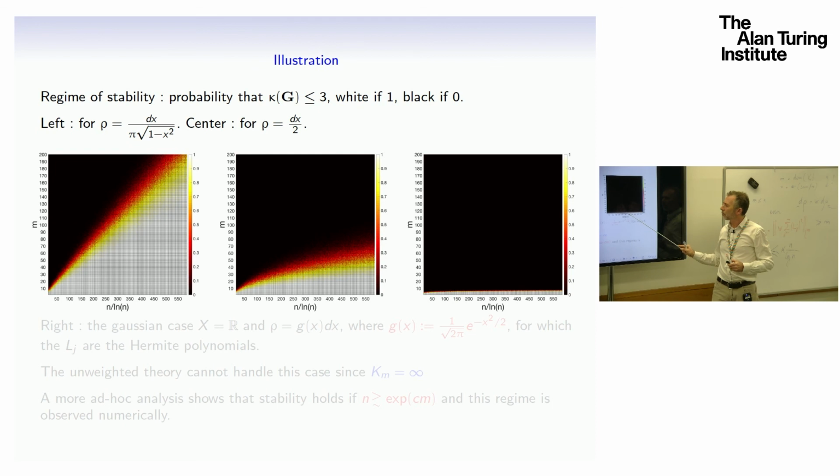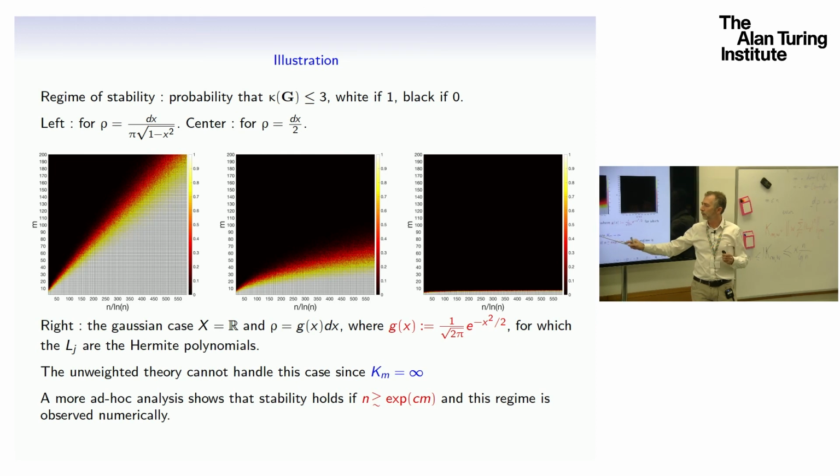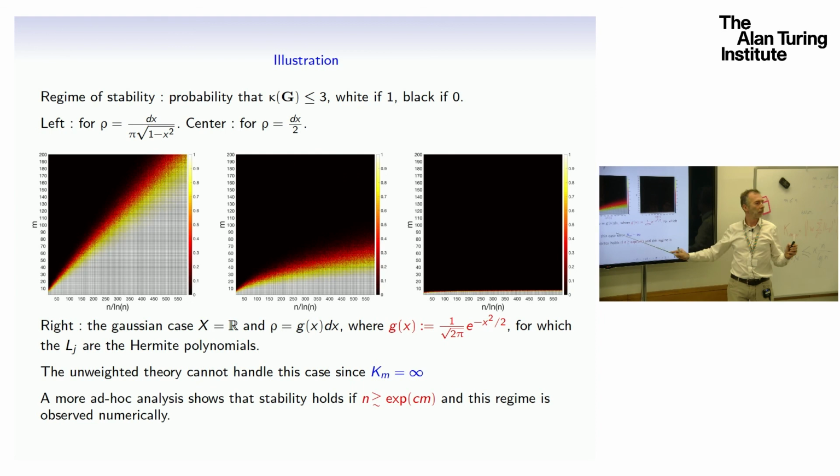And now what you see on the right is something else, where we do something different. We consider a new measure. We look at the case where x is the whole of R, and we take the Gaussian measure. This is quite a natural thing to do, which means that you are using the Hermite polynomials.